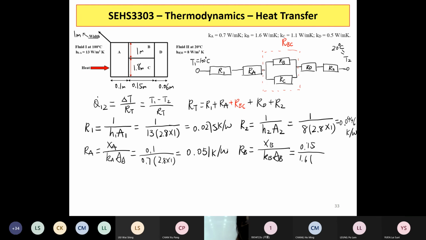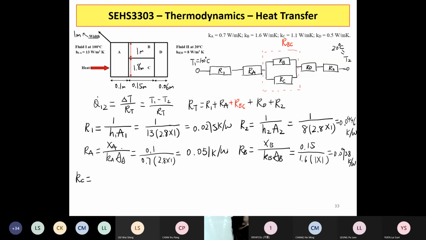Area of wall B should be 1 times 1. Yes, good. What's the number? It should be 0, K per watt. Okay, that is RB.